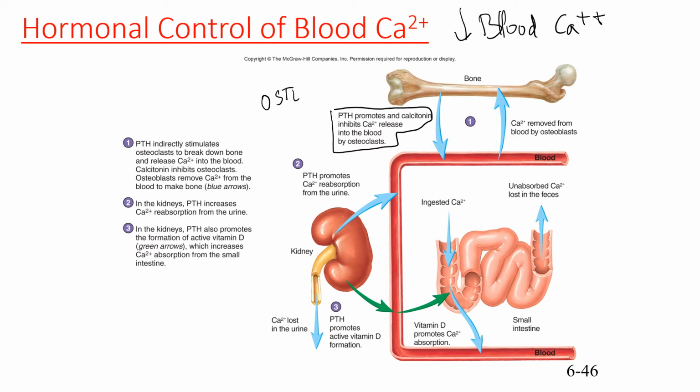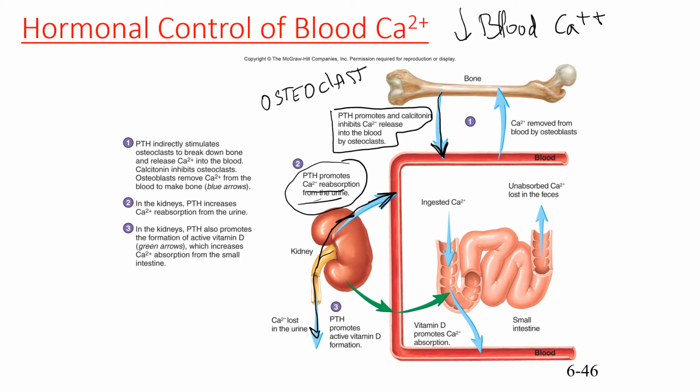Osteoclasts will break down bone matrix and cause the release of calcium from bone into blood. PTH also causes the increased reabsorption of calcium in the kidneys. So calcium from blood that would normally be lost in urine will instead be reabsorbed back into the blood, thus increasing blood calcium levels.